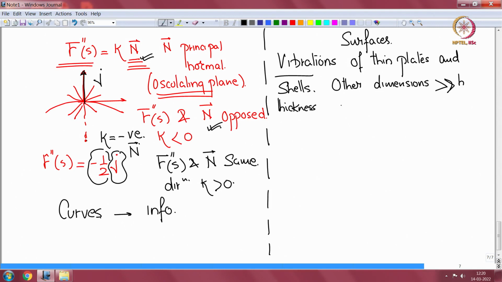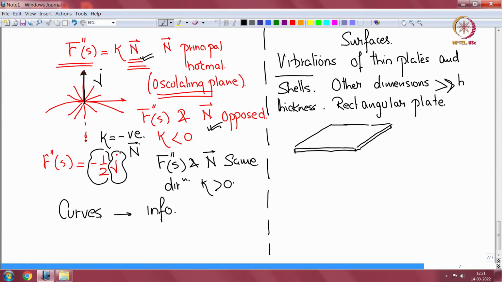So for example, if I have a rectangular plate, then I have this as the plate, and this is the thickness. That's what I mean by thin plate.